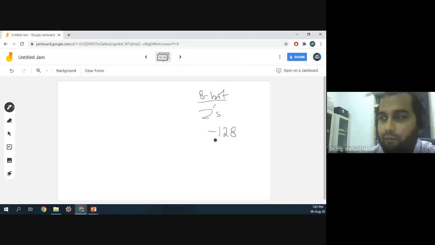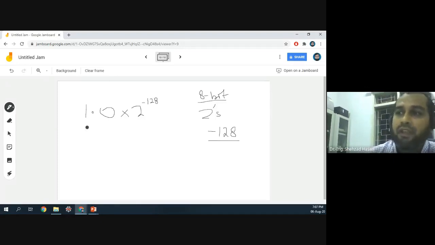So we can say that we reserve this exponent for 0. We are going to say that 1.0 times 2 raised to the power minus 128 is actually 0. It's not actually 0, but we are going to force this representation to be treated as 0.